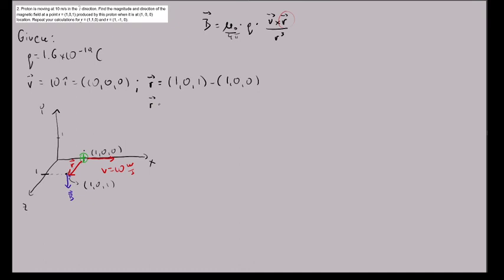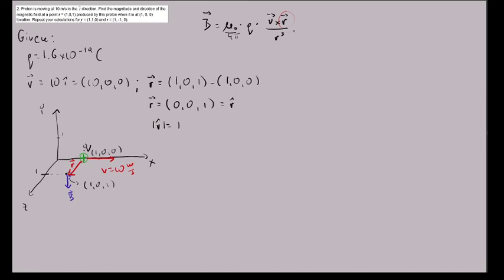That will give me vector r, which points from charge q to my point of interest. To be more precise, this will give me (0, 0, 1). And of course, the magnitude of r is just 1, and note that this is also r hat.